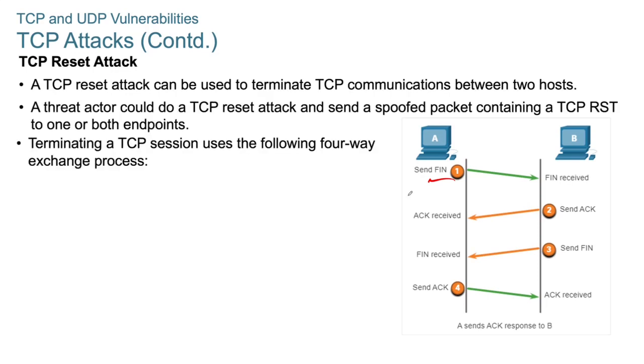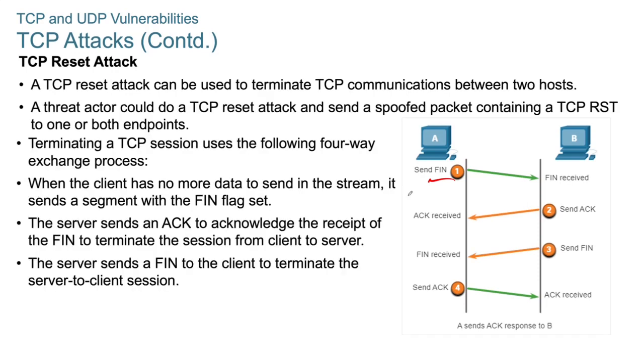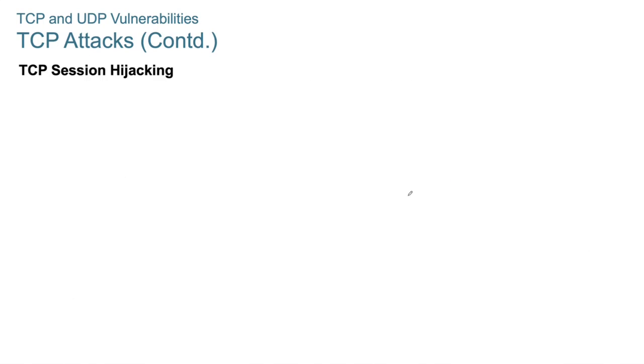Similar to that, another one is the TCP hijacking attack, or session hijacking attack. This is like a man-in-the-middle type of attack. TCP session hijacking is another TCP vulnerability. Although difficult to conduct, a threat actor takes over an already authenticated host as it communicates with the target.